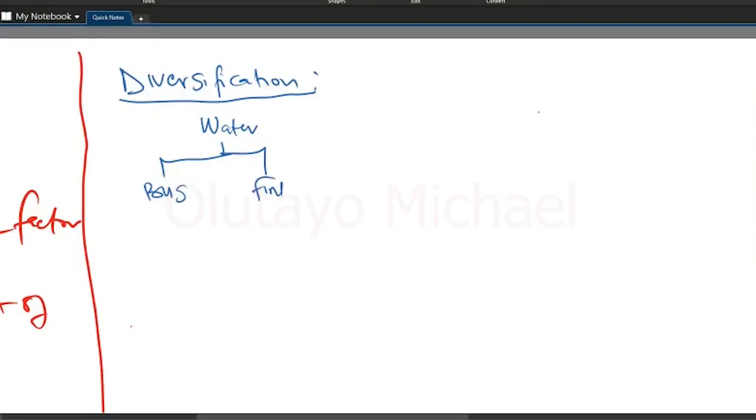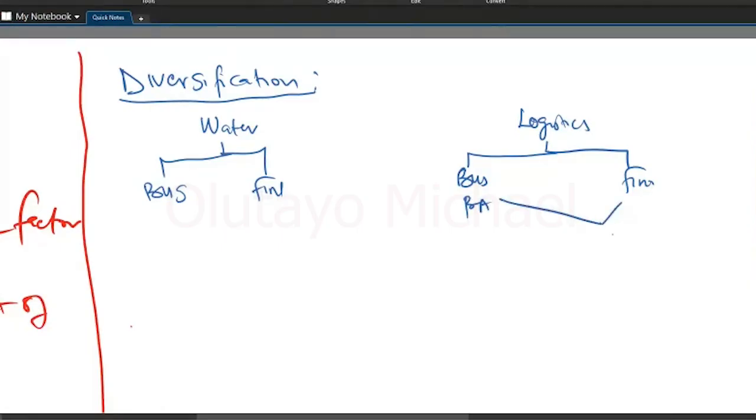And I'm now looking into logistics, or maybe FMCG, or sugar production, which also has its business risk and finance risk, which means it has beta of assets and its combination, beta of equity.